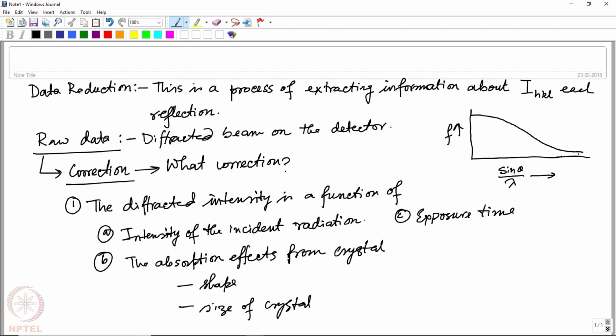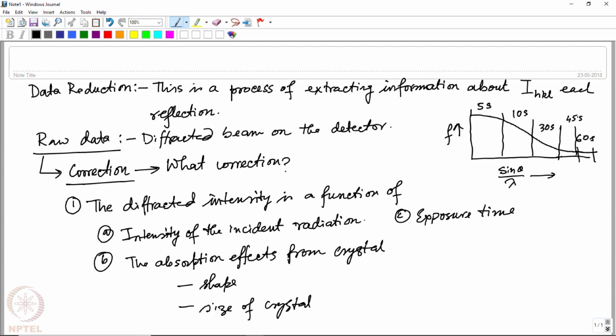So if you want to collect data where the scattering factor falls in this region, you may have to spend 60 seconds for every frame, whereas for this region you may be spending 5 seconds per frame. The middle region you may be spending 10 seconds per frame, this portion 30 seconds, and this region 45 seconds per frame. So that means the exposure time is changing.